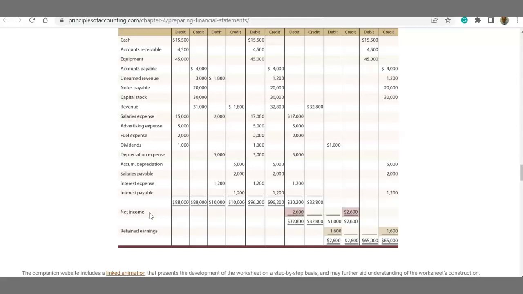But here you write net income, parentheses, net loss. So in case it's in the parentheses, that means it's a loss. But in this case, it's a plus because revenue is bigger than expense. Now you add them up. It's 32.8. You add 32.8 plus 0 in here. It's 32.8. Both sides are equal, double line, dollar sign.